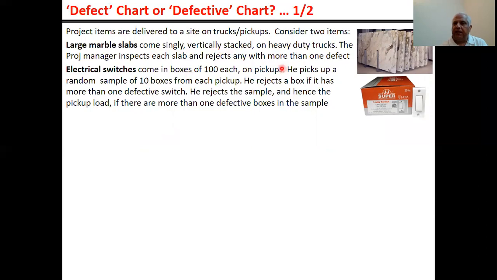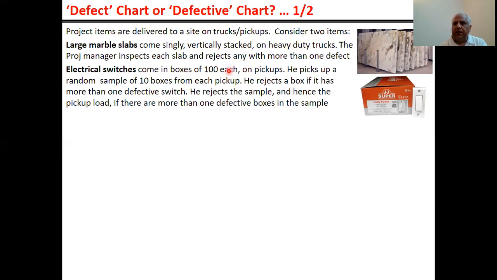The project manager inspects each slab and rejects any with more than one defect. Defects in marble could be over crystallization or cracks or wrong sizing, less thickness, etc. These could be some of the defects of these marble slabs.